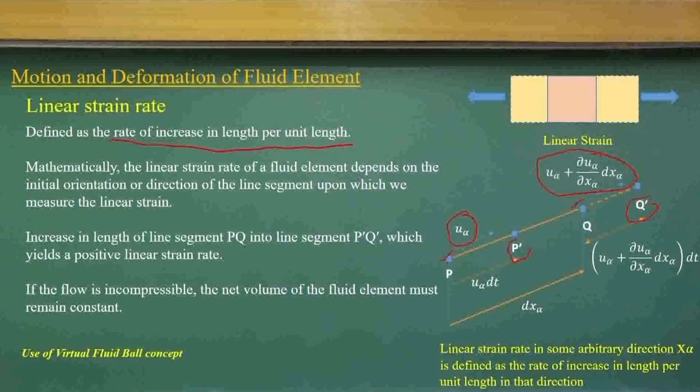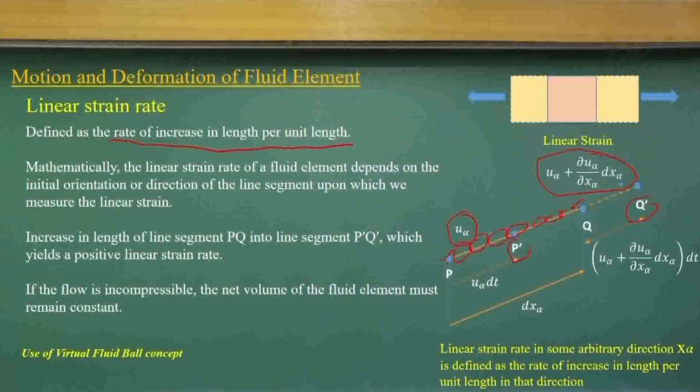Since there is a velocity variation, the fluid element connected as a virtual fluid ball from P to Q has Q moving more than P. So you have a stretching of the virtual fluid ball; it will be elongated as the width reduces and the length changes. So the increasing length of PQ gives a positive linear strain.